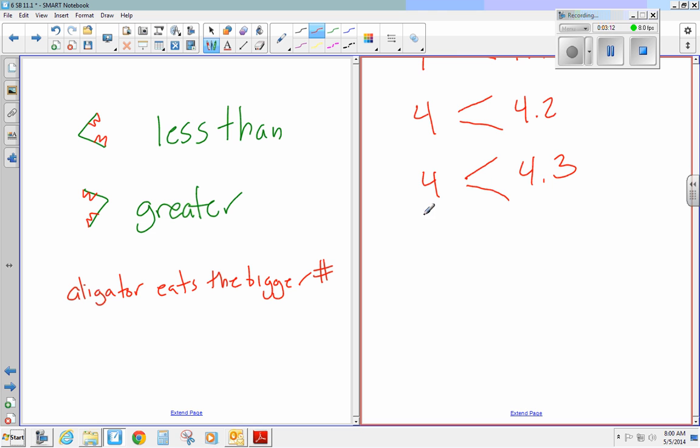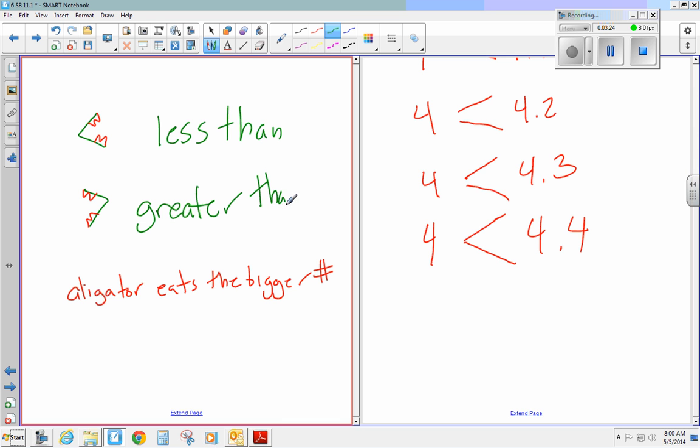And hopefully, at this point, you're going to start to see that the inequalities, less than and greater than, are all equal to signs that have been stretched on one side, right? So take a look at that.